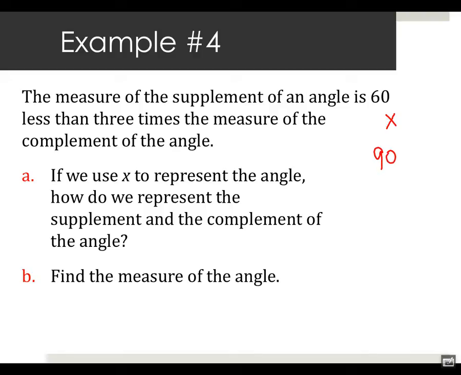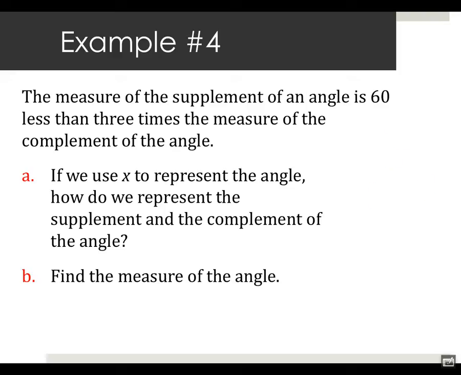And what would the supplement be? 180 minus that. Perfect. These are important to remember, because to solve a problem like this, if you can remember those two things, you literally just write exactly what the sentence says. So let's give it a shot.